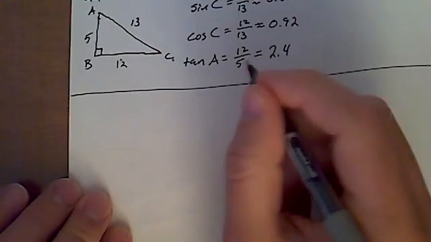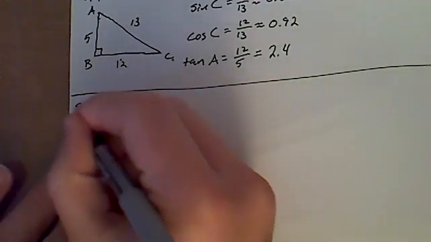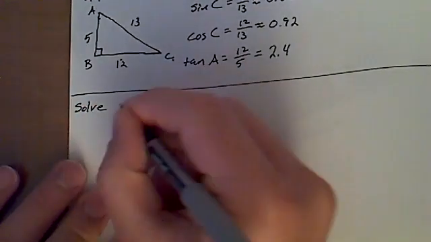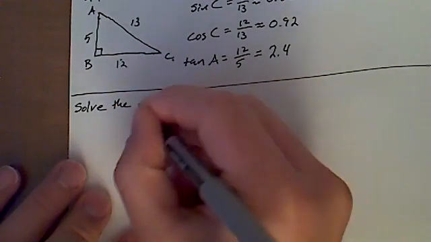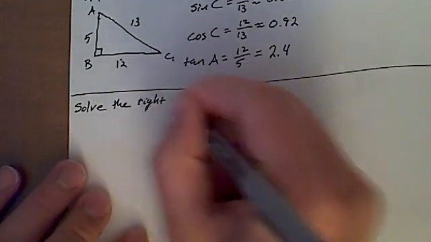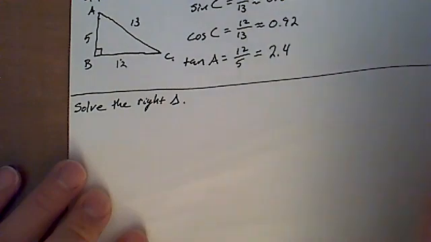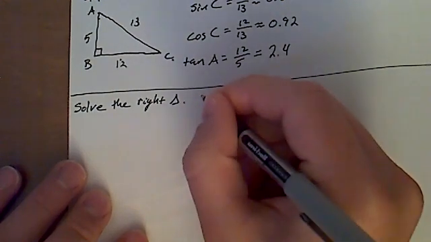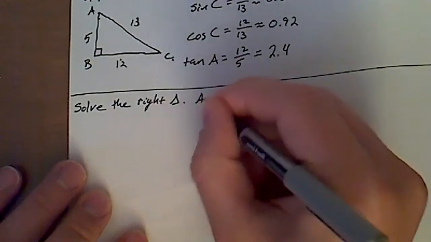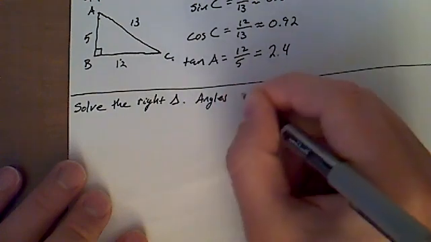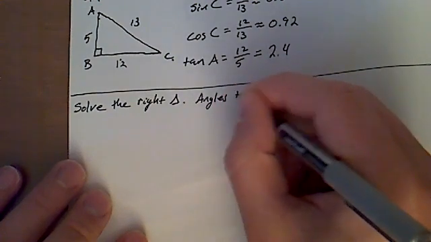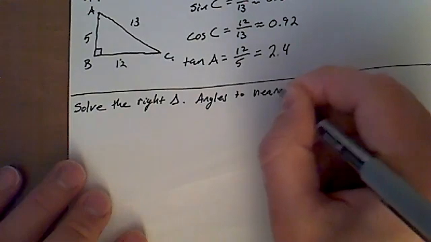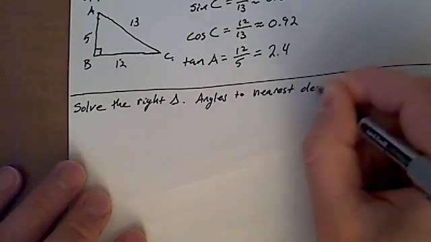All right, and the last two that we'll look at. So, the right triangle. So angles to the nearest degree. That's a whole degree.